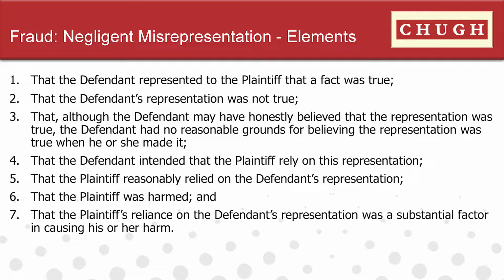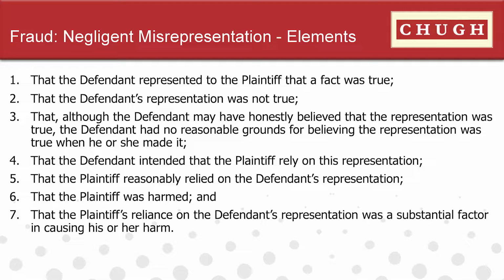So if you want to think about it in terms of tiers, this would be the third lowest tier, where the defendant maybe didn't intend to defraud the plaintiff and didn't even have a reckless disregard for the truth, but maybe was negligent in the representation of facts. And typically negligence comes up when there's a duty to ensure that there's a truth to the facts that they're representing.